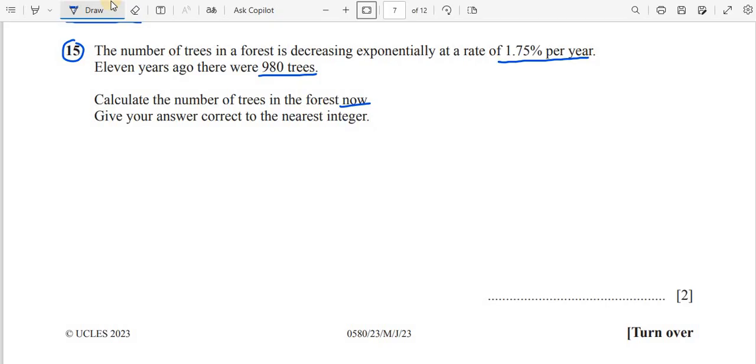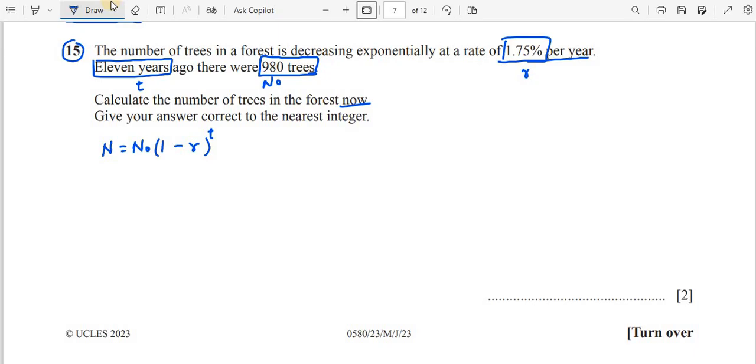So we use the formula N is equal to N naught into 1 minus R, overall power T. N is the number of trees now, N naught is the initial trees, R is the rate, and 11 years is T.